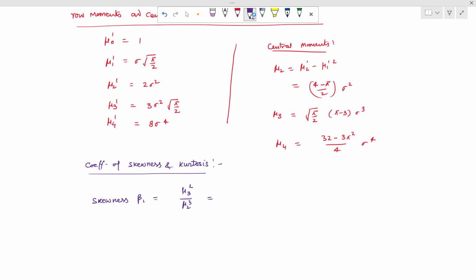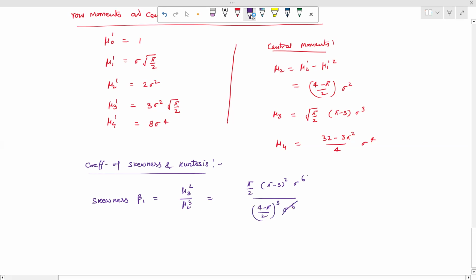That is equal to pi by 2 into pi minus 3 to the whole square sigma raised to the power 6 upon mu 2 q. Mu 2 q means 4 minus pi upon 2 raised to the power 3 into sigma 6. So sigma 6 to sigma 6 cancelled. This gives us 4 pi into pi minus 3 to the whole square upon 4 minus pi raised to the power 3. So this is our beta 1.